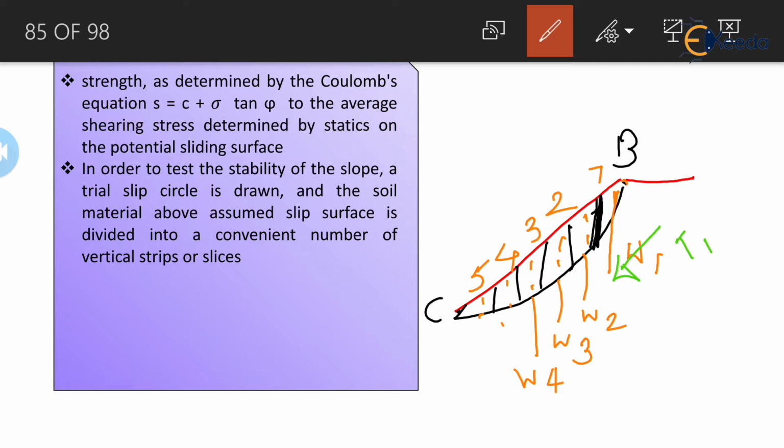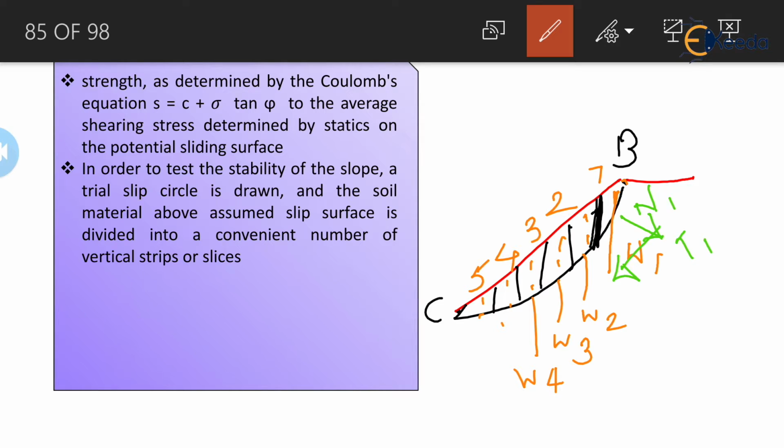Secondly, from the center line of W1, the normal component will be drawn, and this normal component will be denoted by N1. So here the weight of each slice is resolved into a normal and a tangential component, and the normal component will pass through the center of rotation.